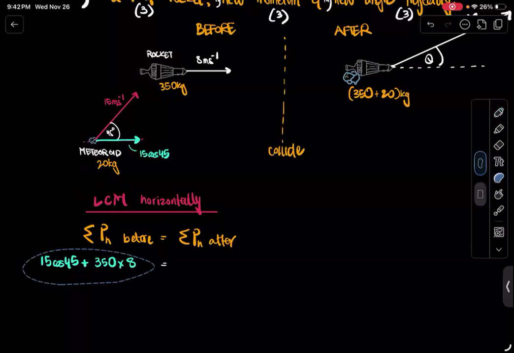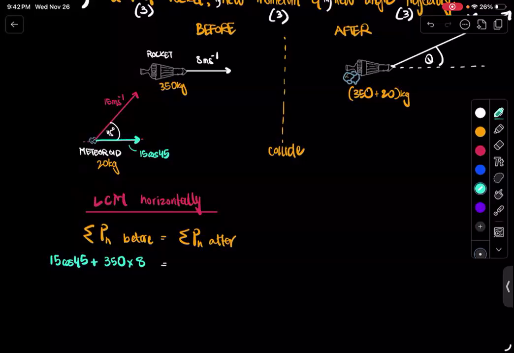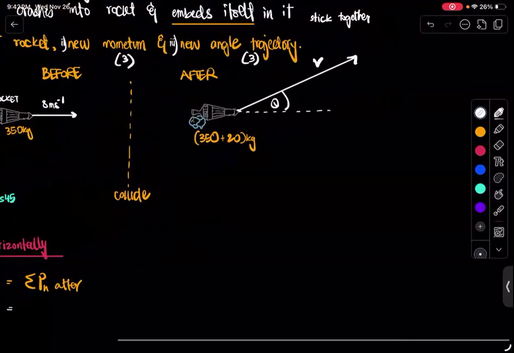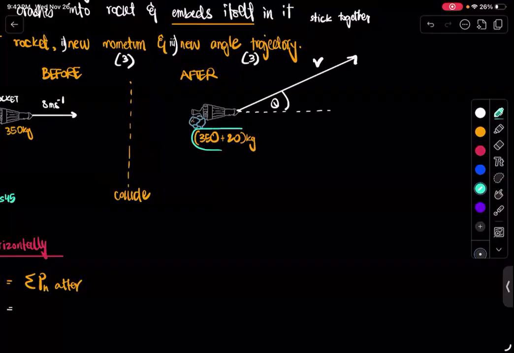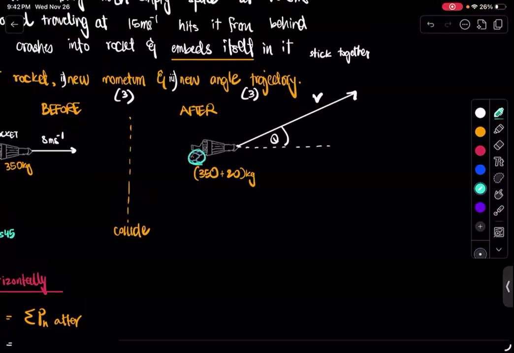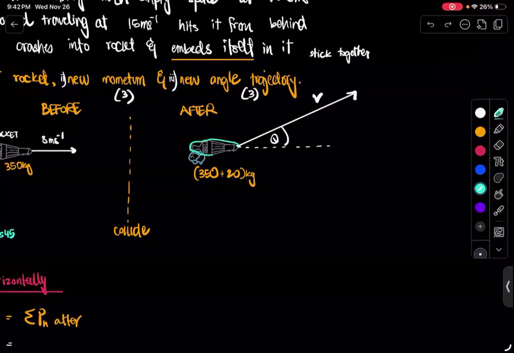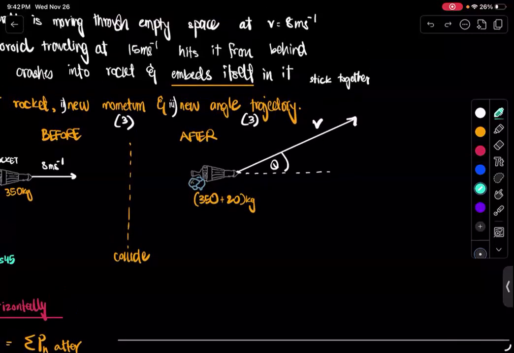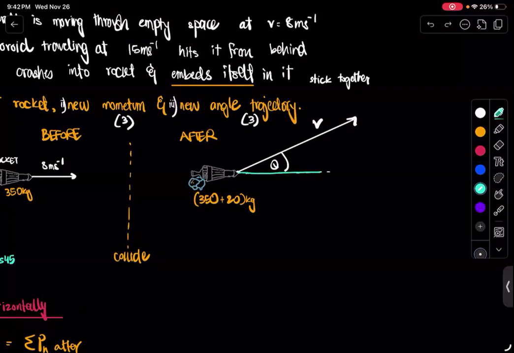Okay. Now, what is the horizontal momentum after? Keep in mind that they both stick together. That's really important. So that means the rocket and the meteoroid are going to have a common velocity. So what is going to be the total horizontal momentum? It's going to be 350, or in fact, 370 times V cos theta. Why did I do that?